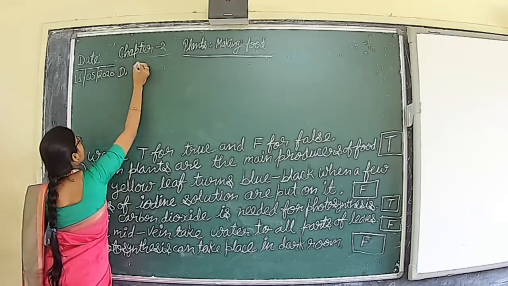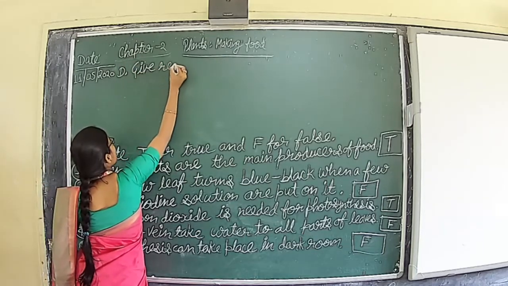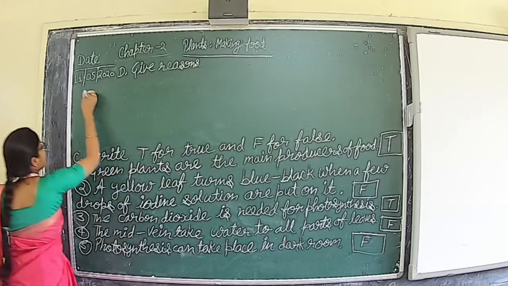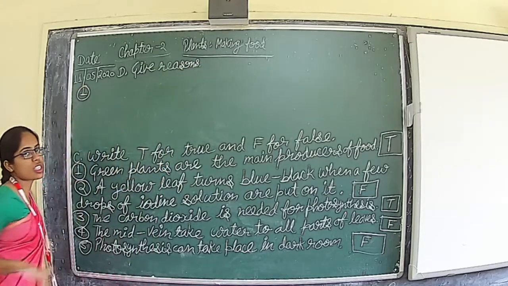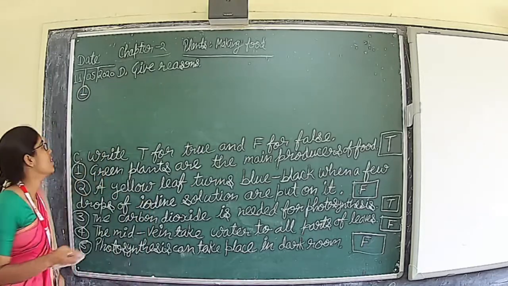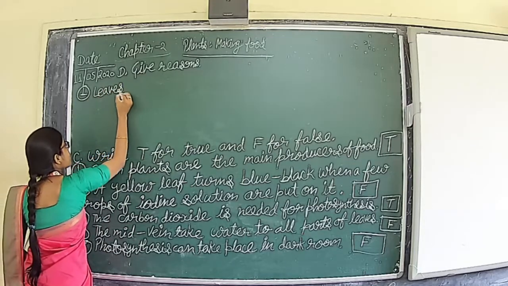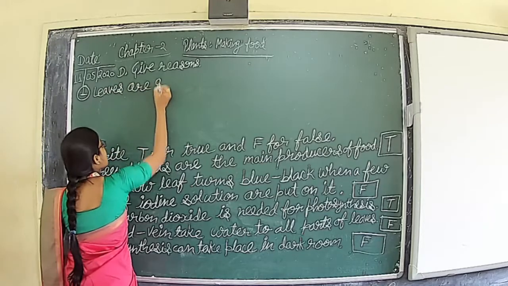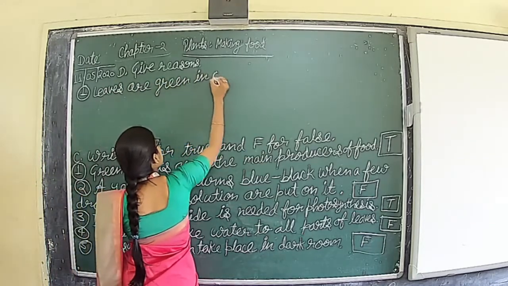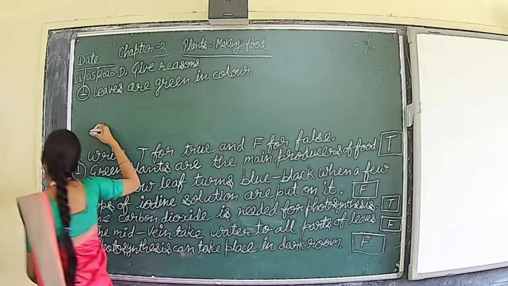Exercise D. Give reasons. Some facts are given, and for that we have to write the reason. First question is, leaves are green in color. This we know that leaves are green in color, but we have to write the reason why they are green. Now we have to write the reason for this.